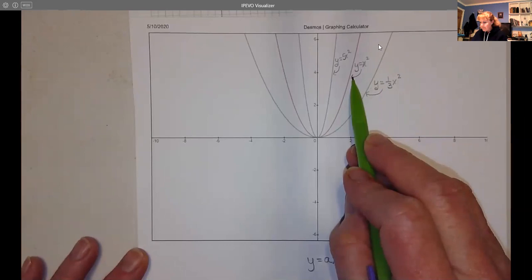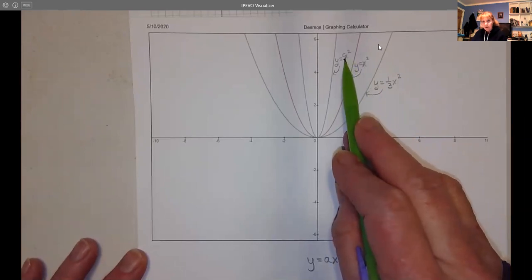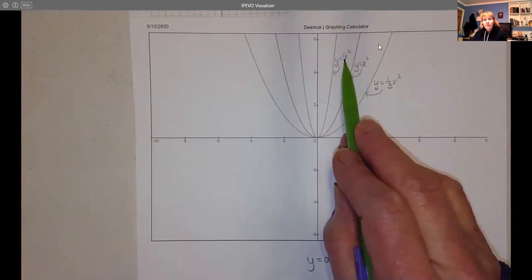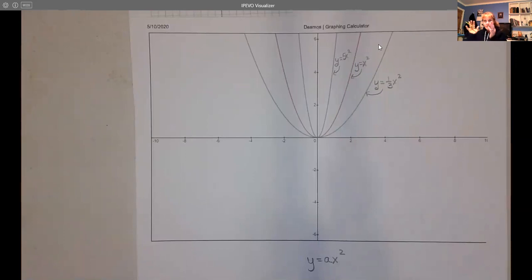How does the 5 compare to the parent graph? Well, the 5, which is a number larger than 1, narrows the graph. Now, those of you taking like the 1400 or even the 1000, they'll call it a stretch.